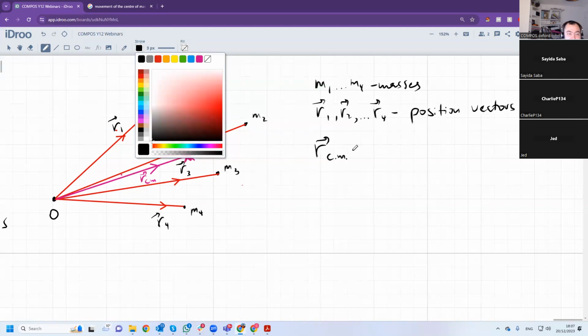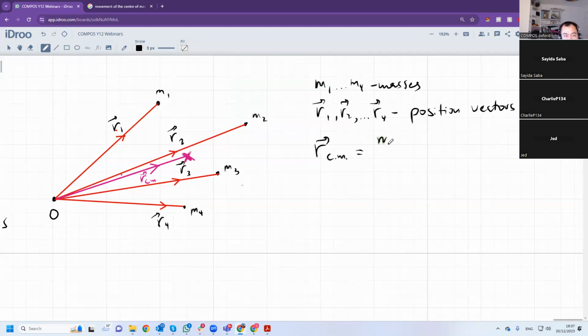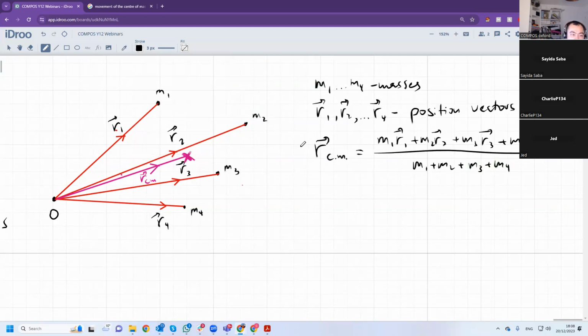So the position vector of the center of mass is equal to M1 R1 plus M2 R2 plus M3 R3 plus M4 R4, divided by M1 plus M2 plus M3 plus M4. So this is the formula.